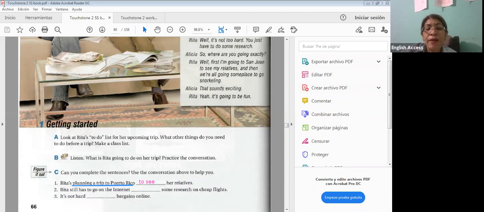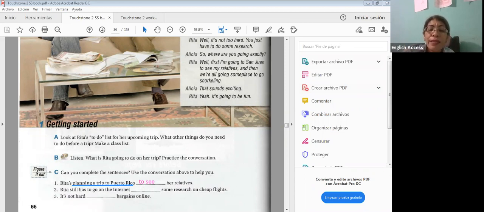Rita still has to go on the internet. The reason is to do some research on cheap flights. So we have the activity and the reason why we are doing the activity, okay?